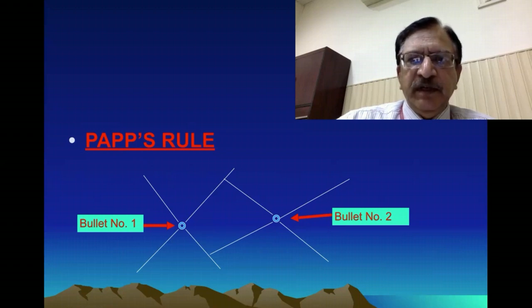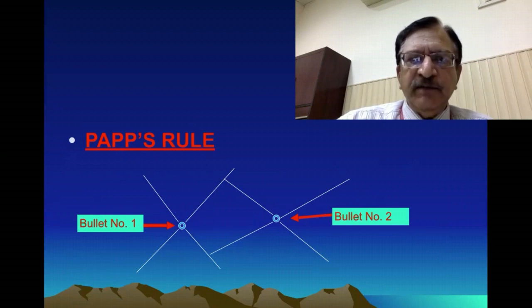because sometimes in courts there are two assailants and both fired at the skull. So it will be important to know whose bullet was fired first, whose bullet struck first and caused death. The second bullet which was fired later, its fracture lines will not cross over the first bullet's lines.